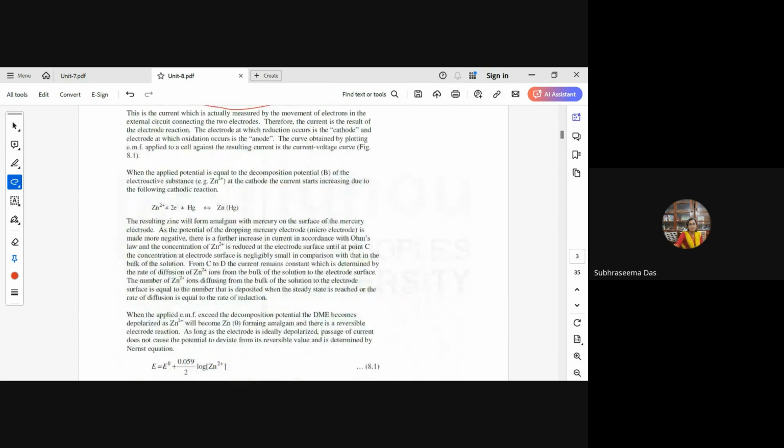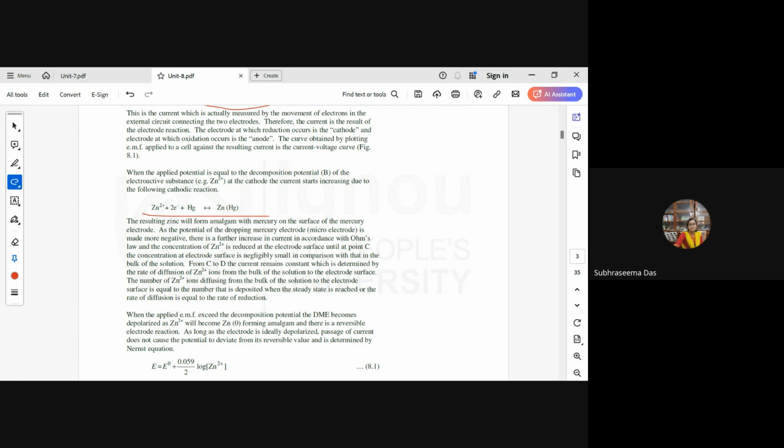When the applied potential becomes equal to the decomposition potential of the electroactive species, for example if we take Zn, then at the cathode the current starts increasing due to the following cathodic reaction: Zn2+ takes up two electrons and forms Zn(Hg), which indicates zinc forms an amalgam with mercury.